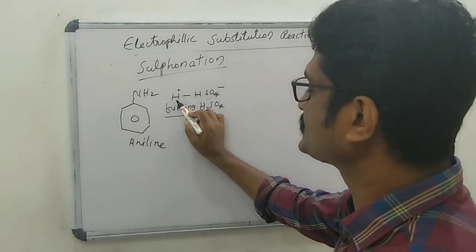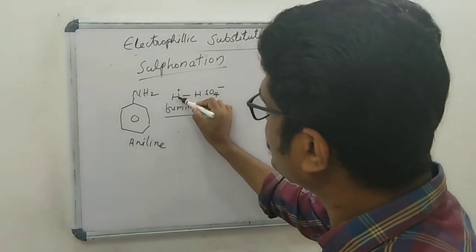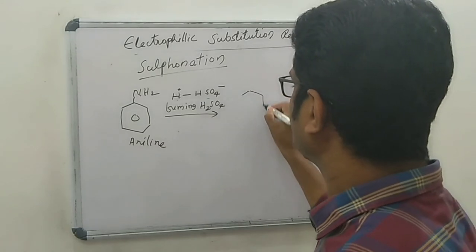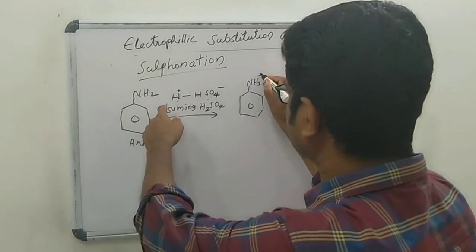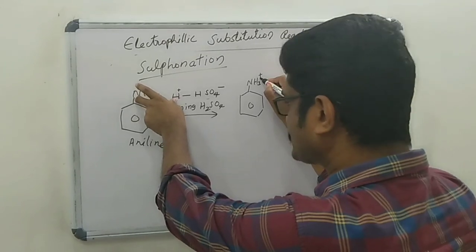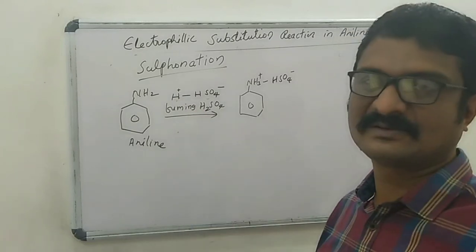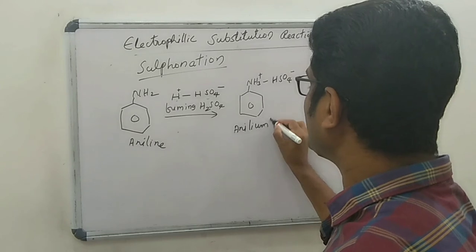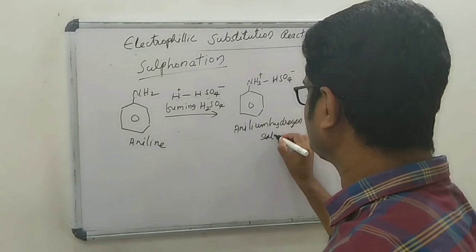This H plus associates with the NH2 group and NH2 is converted to NH3 plus. H plus forms a bond with NH2. NH3 plus then HSO4 minus. This compound is called anilinium hydrogen sulfate. This is the first step.